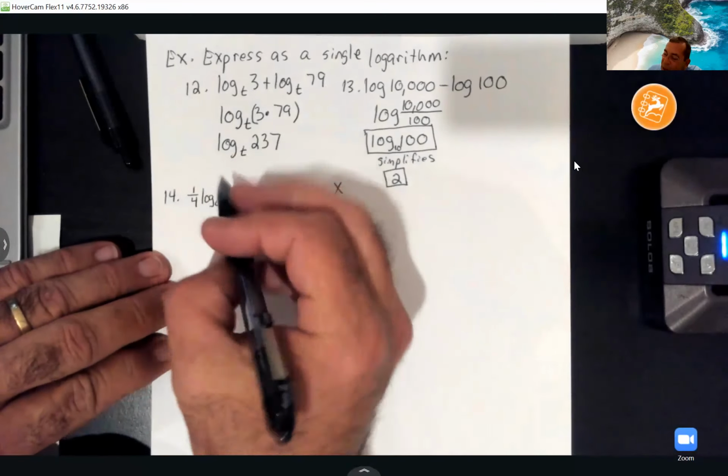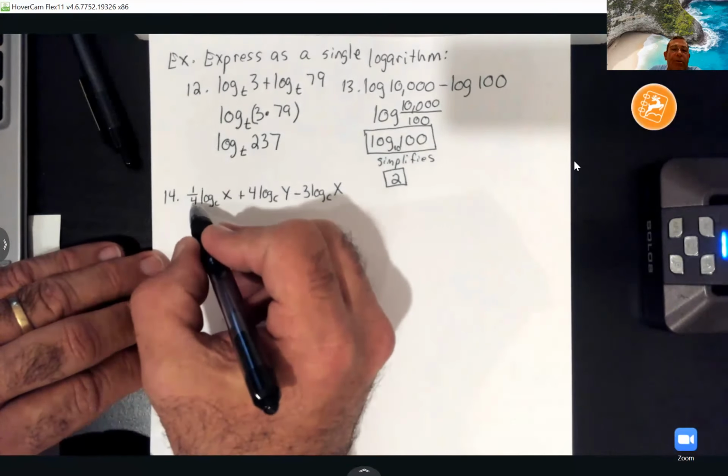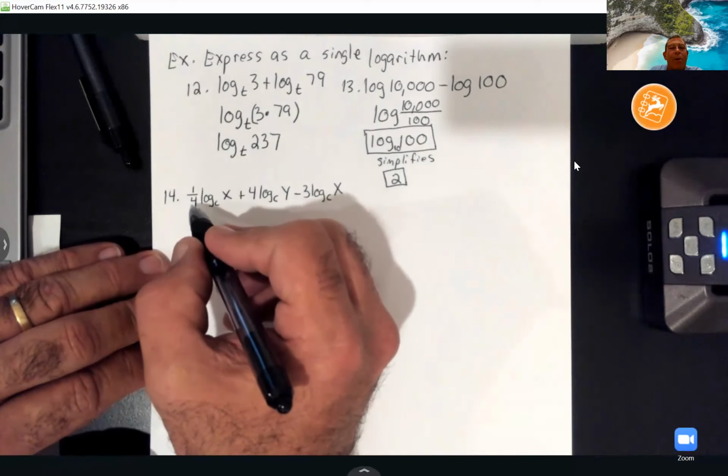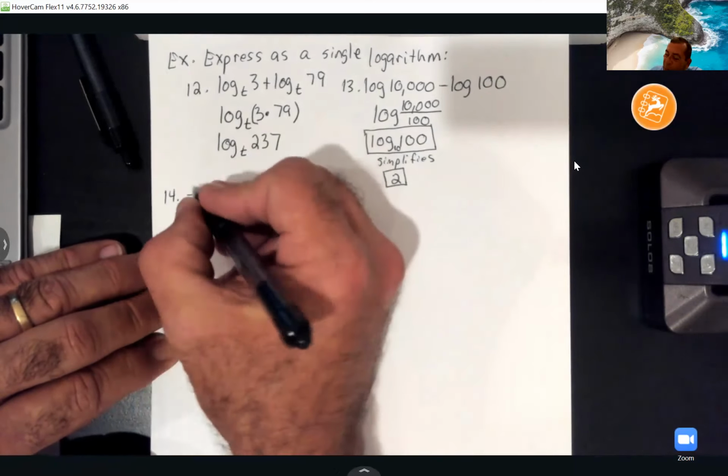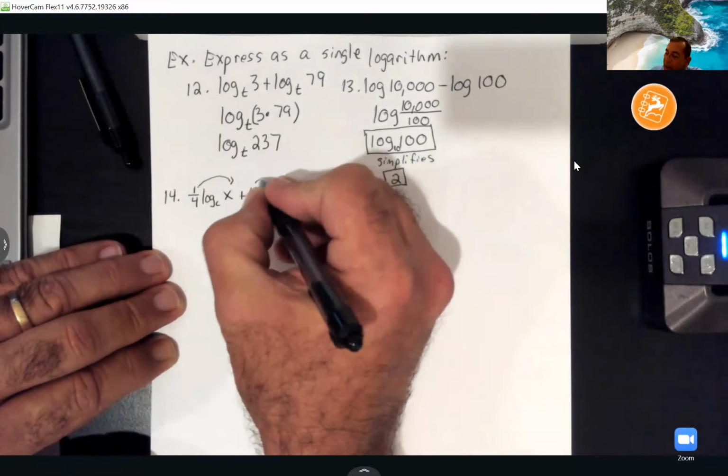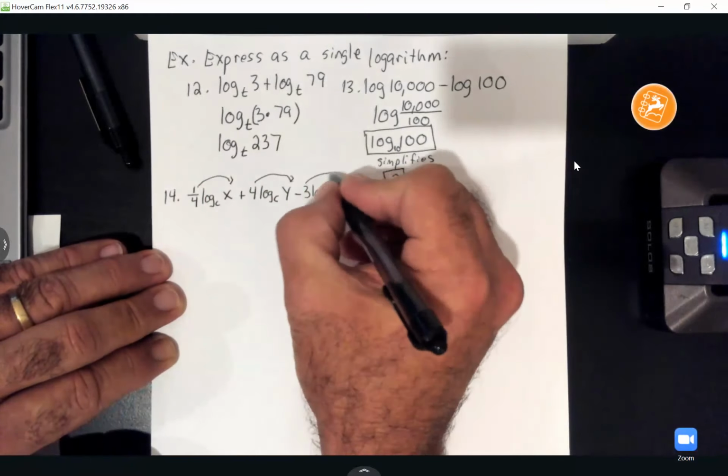The last thing I usually do is bring the exponents down to the front. Well, the first thing I'm going to do with this one is move the exponents back up. Put them in there, yeah.